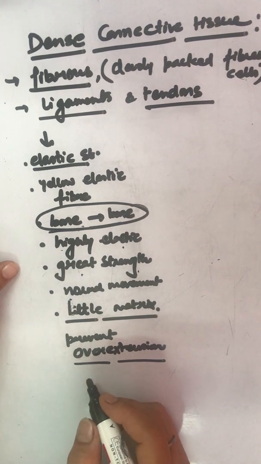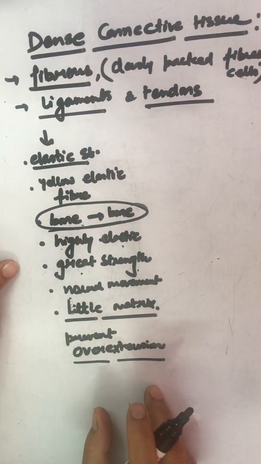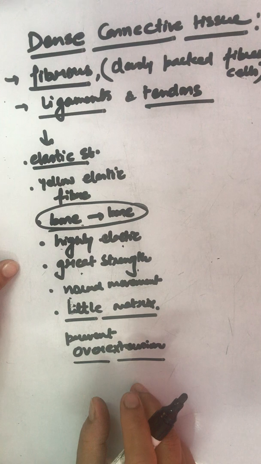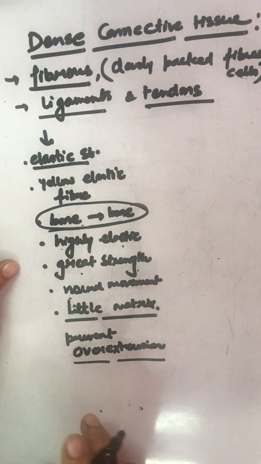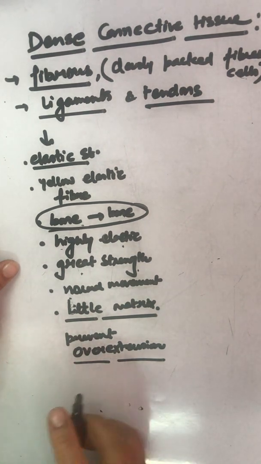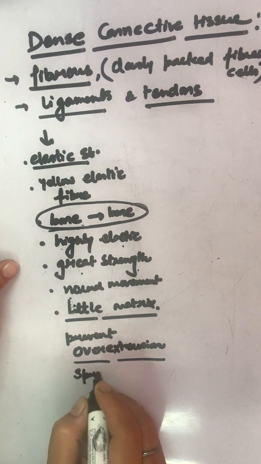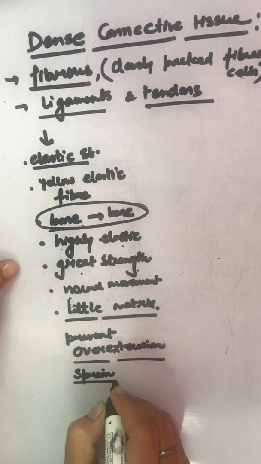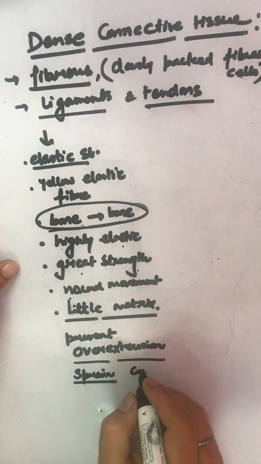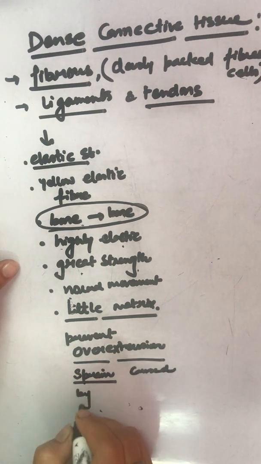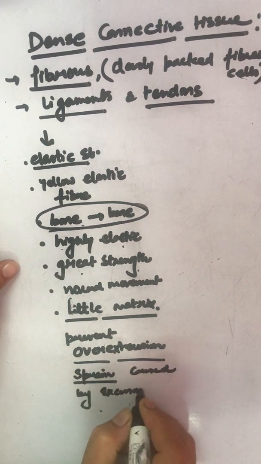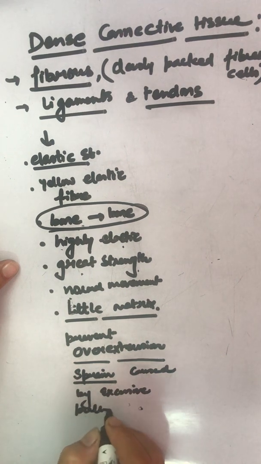Basically, when we say excessive pulling of our ligaments and we do excessive exercise, there is always a sprain. It is because of ligaments. Sprain is caused by excessive pulling of ligaments.